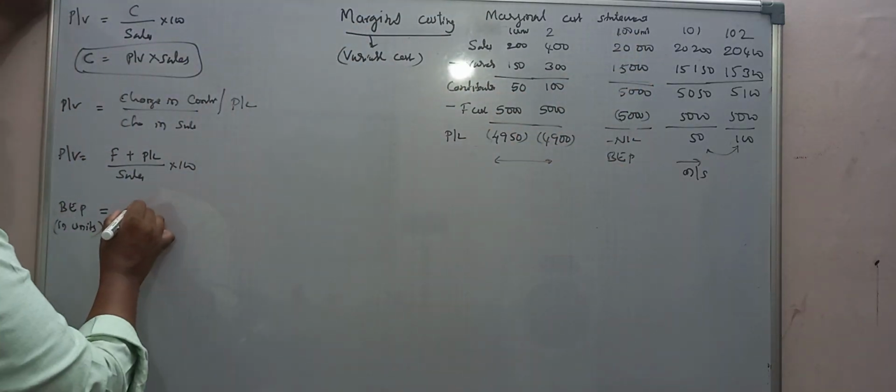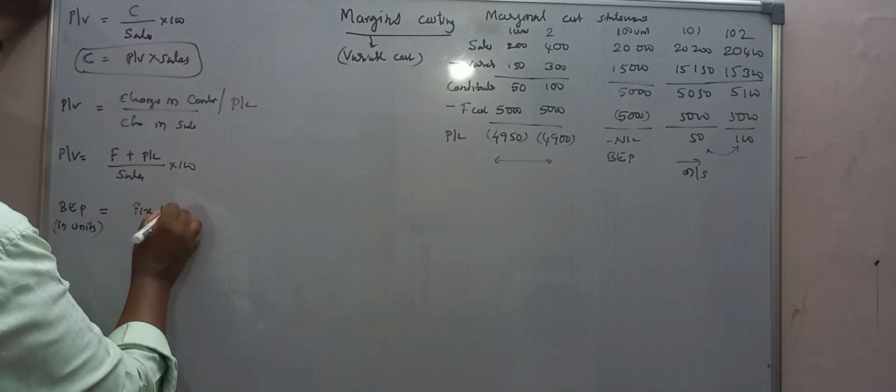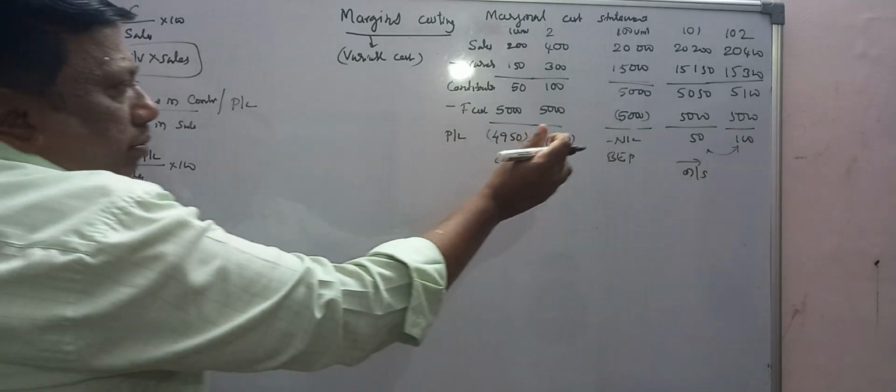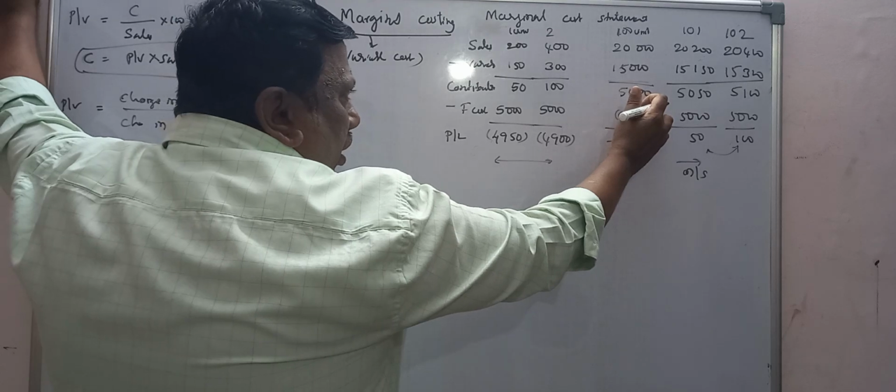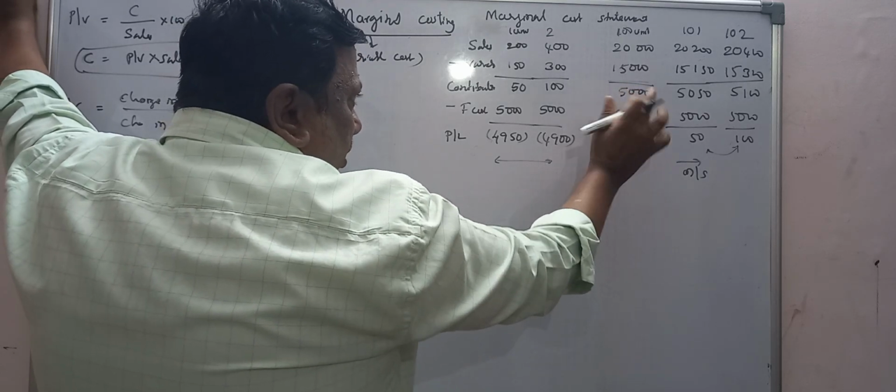When I am able to reach fixed cost, then only I will get BEP. My contribution should be 5,000, then only I am in BEP. So that's why fixed cost is important.